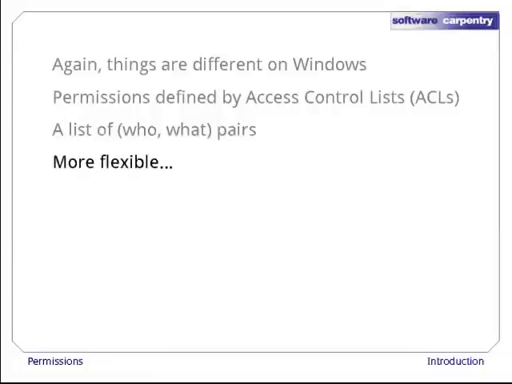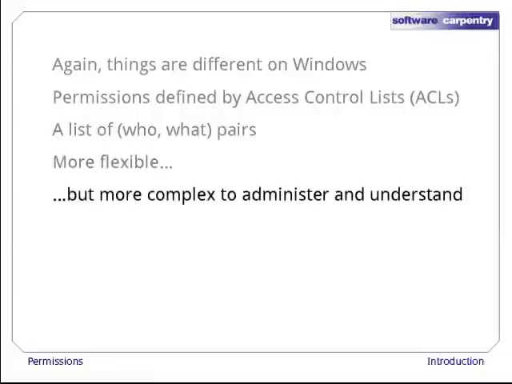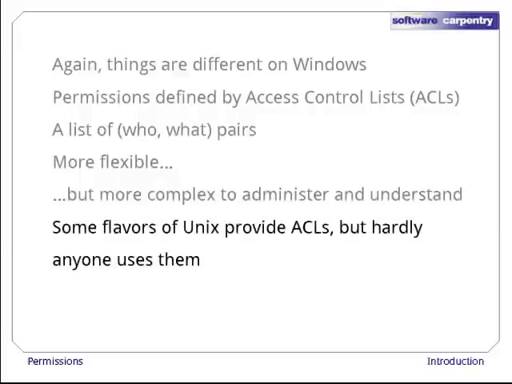This is more flexible than the Unix model, but it's also more complex to administer and understand, at least on small systems. If you have a large computer installation, nothing is easy to administer or understand. Some modern variants of Unix actually support ACLs, as well as the older read-write-execute permissions, but hardly anyone uses them.